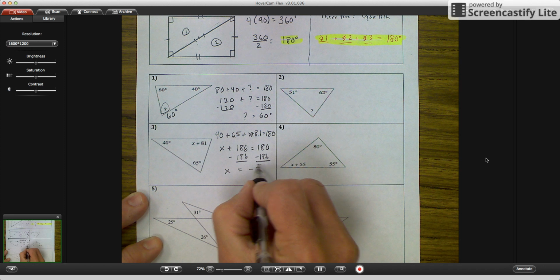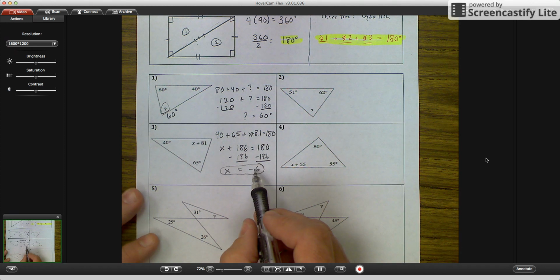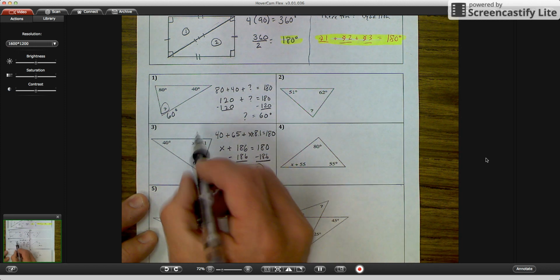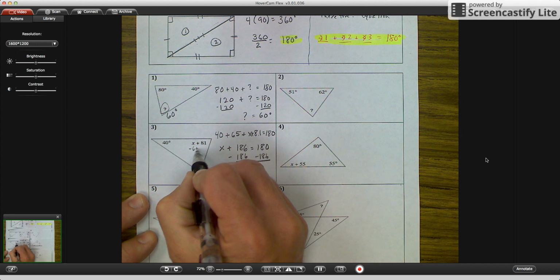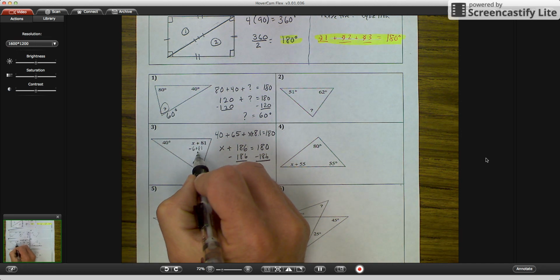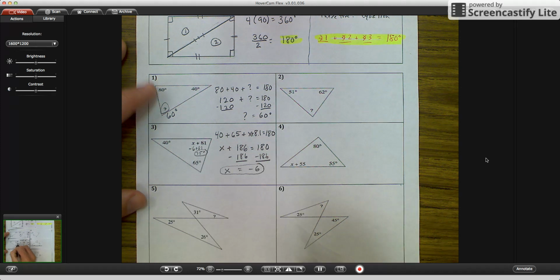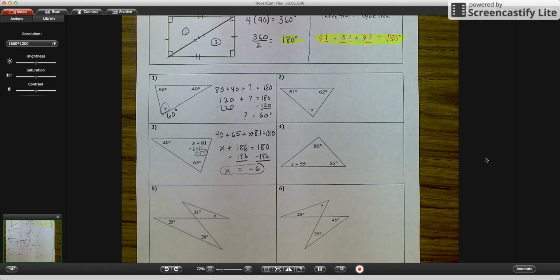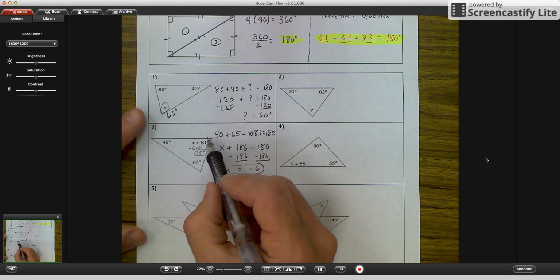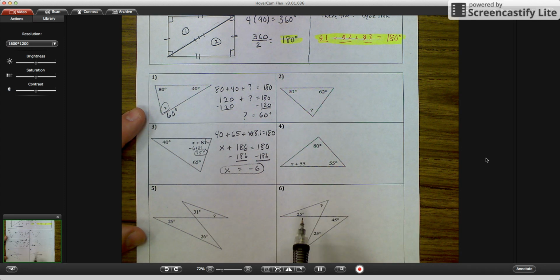And the question is, can that be accurate? Well, yeah, that can be accurate because we're just solving for x. If we substitute the negative 6 back into x, it would be negative 6 plus 81, and that would be 75. So you would have 75 degrees, which is fine, because the angle measurement has to be positive, because you cannot have negative degrees on an angle.